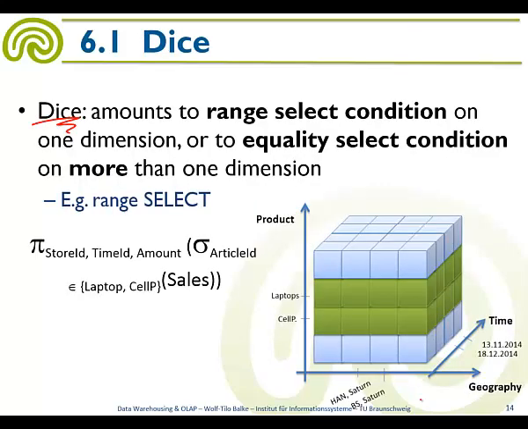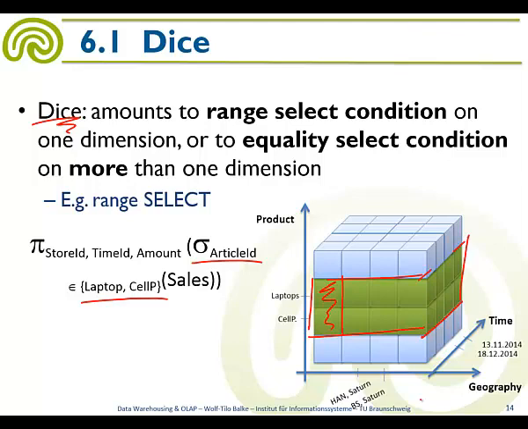So the dice is a range select condition on one dimension or equality select on more than one dimension. And what you cut out is parts of the cube, bigger blocks of the cube. So you do a range select on the cube and find something out, for example, laptop and cell phone, and project away, so aggregate all the other data, right?